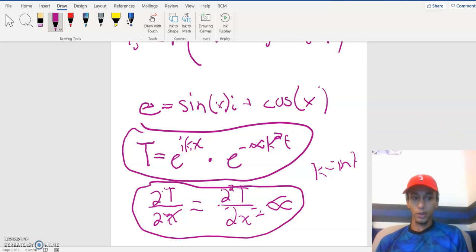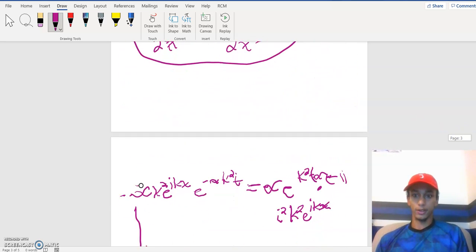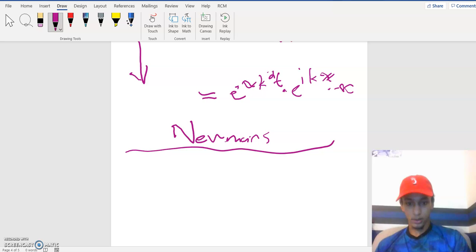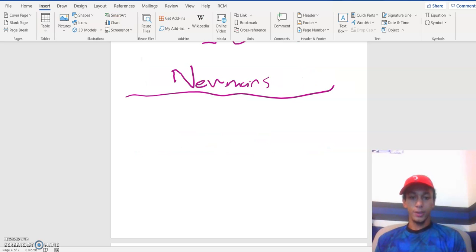So that's what the stability is for this. And we're also going to have to do a Von Neumann analysis on this. So let's just say Von Neumann stability. We use the finite difference equation that we obtained earlier.